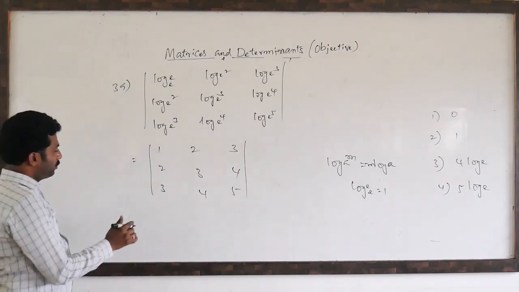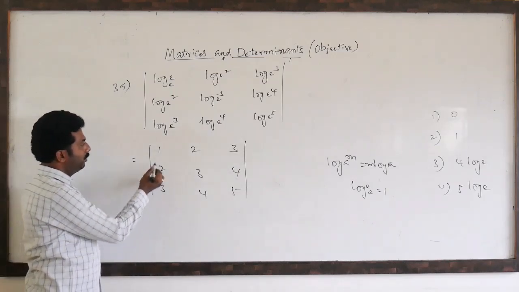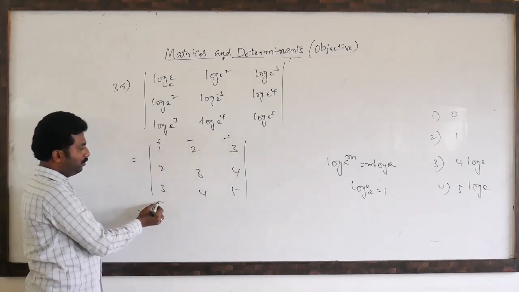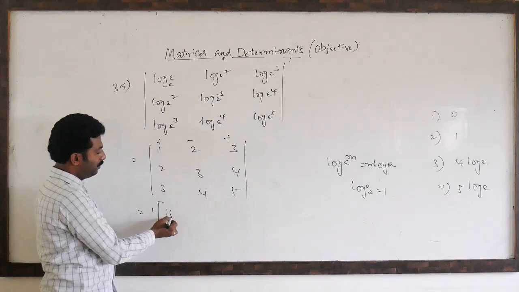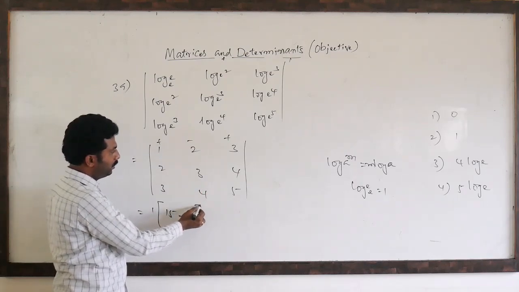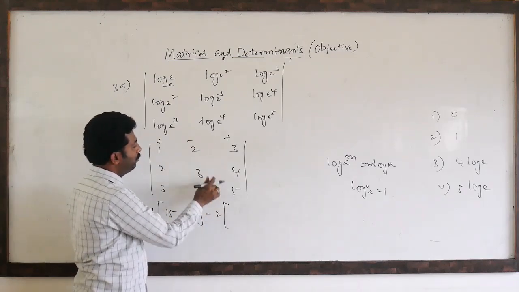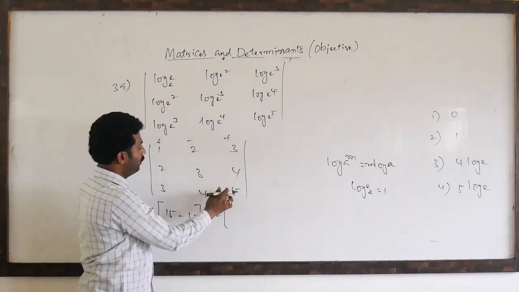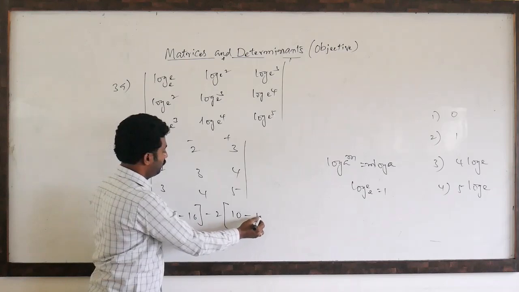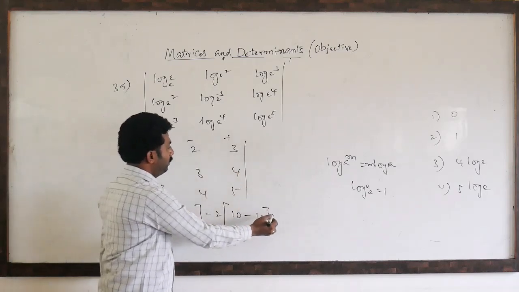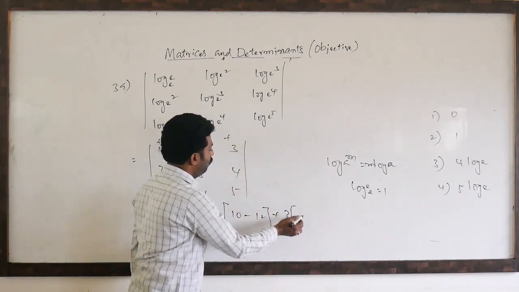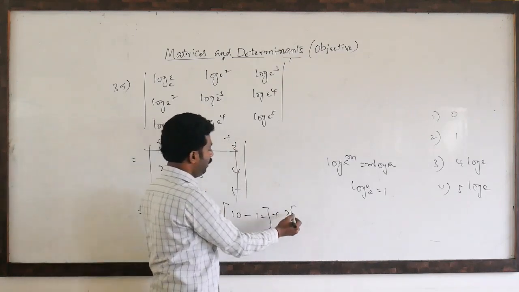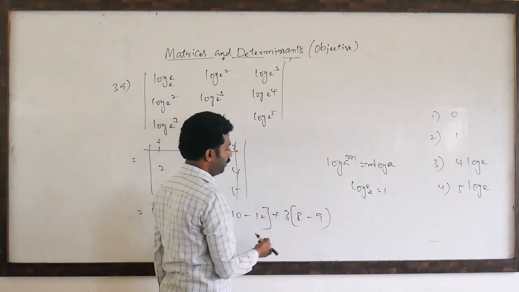So you can expand this one. How to expand this one? Plus, minus, plus. So 1 into 15 minus 16, minus 2 into, you close this column and this row, 10 minus 12, then plus 3 into, if you close this column and this row, 8 minus 9.